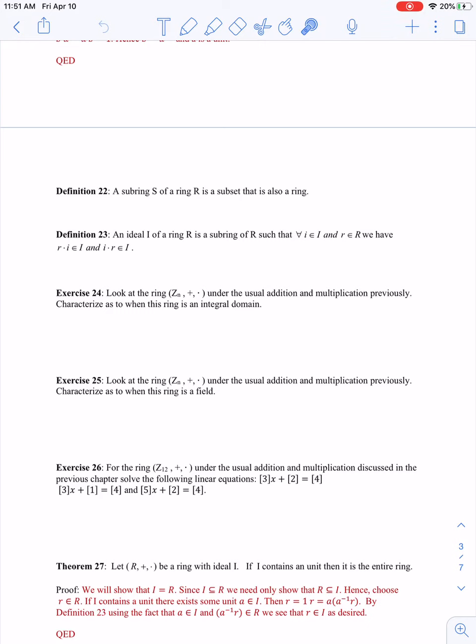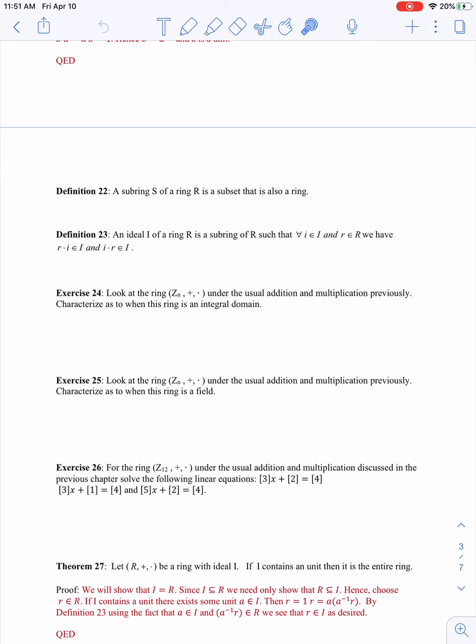An ideal is if I pick anything in my ideal and I pick anything in the ring, the bigger set, then I still have this containment property that r · anything in the ideal is back in the ideal, and the ideal · any r is back in the ideal. So an ideal is a subring with this stronger multiplication property.